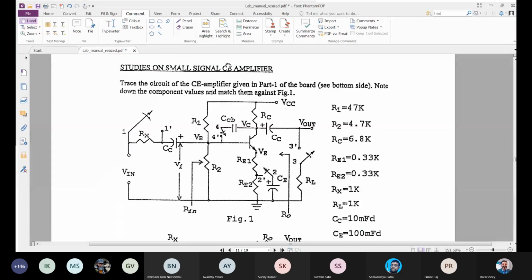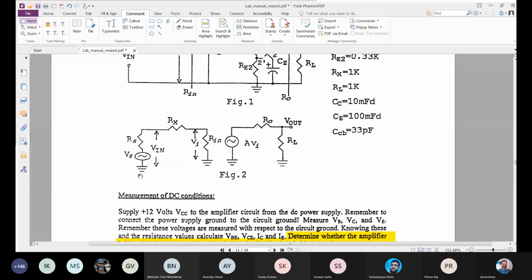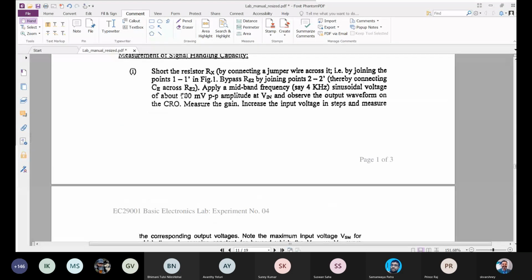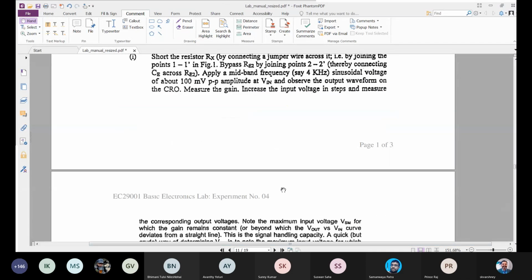There's a small signal region here. So if the voltage level is, say, 100 millivolt peak to peak, and we keep on changing it, then the signal starts getting distorted. I wanted to make clarification on these two points, that you can do it that way.